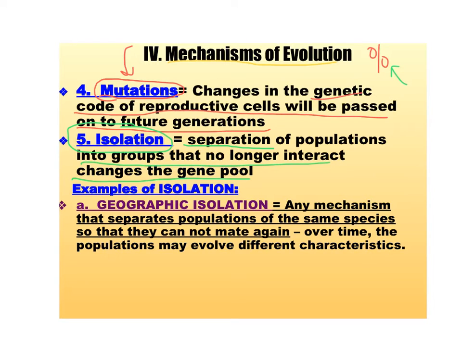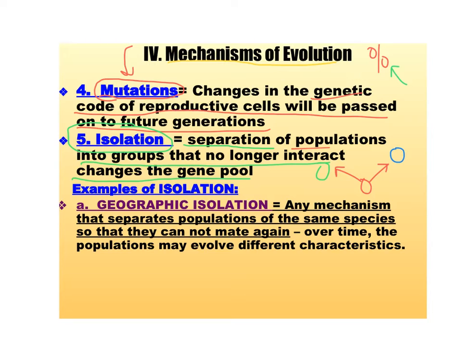So over many, many years, many, many generations, these two populations who got separated from each other can actually evolve to become two separate species if they're separated for long enough.